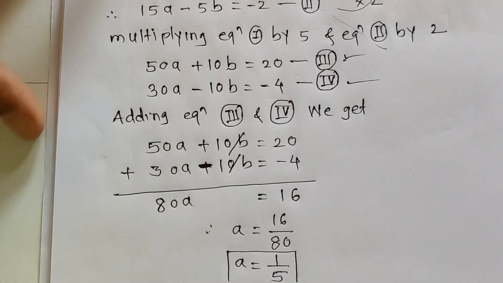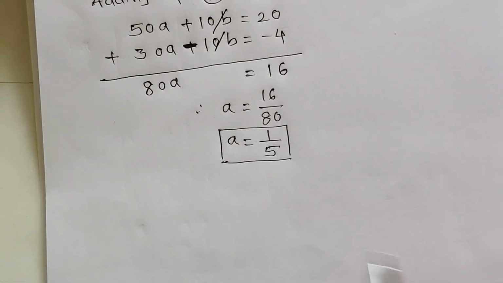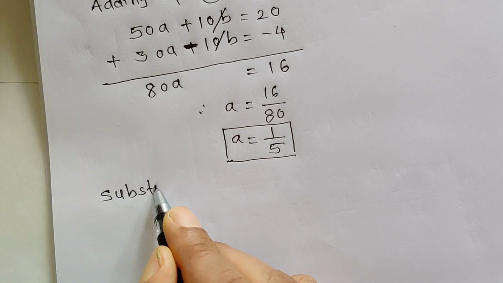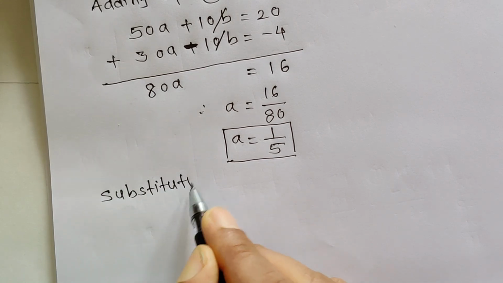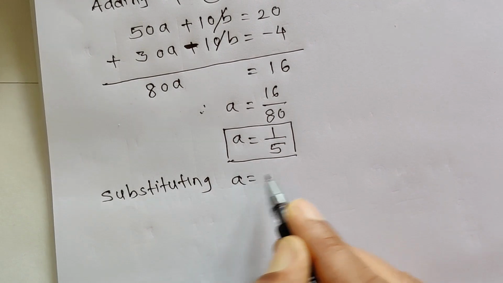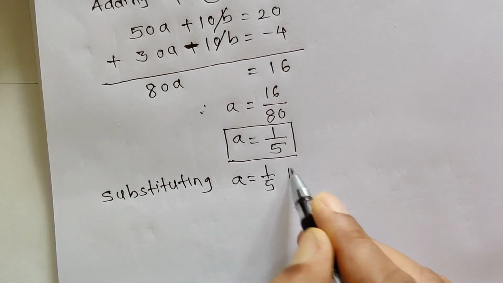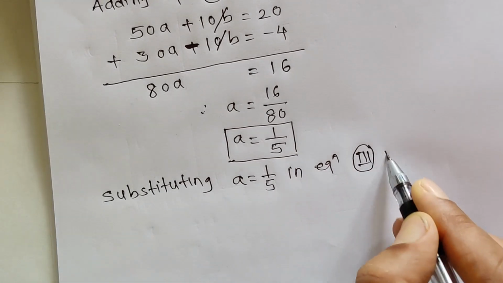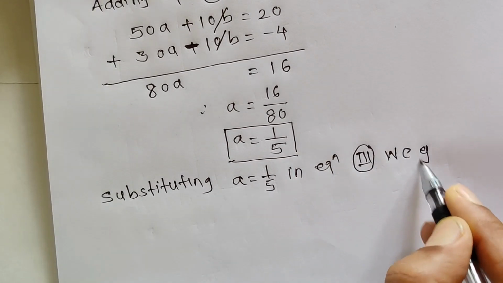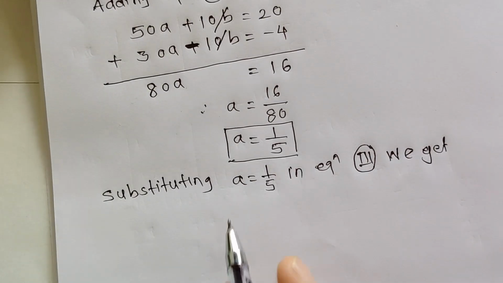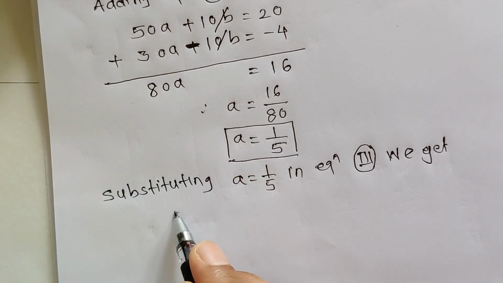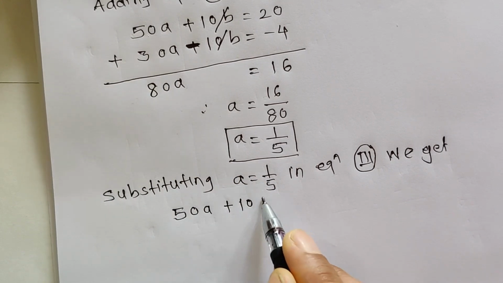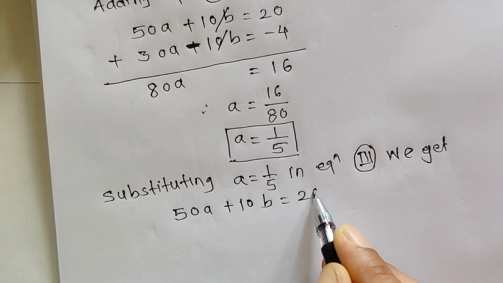Now substituting a is equal to 1 upon 5 in equation 3, we get. So first write equation 3. Equation 3 is 50a plus 10b is equal to 20.